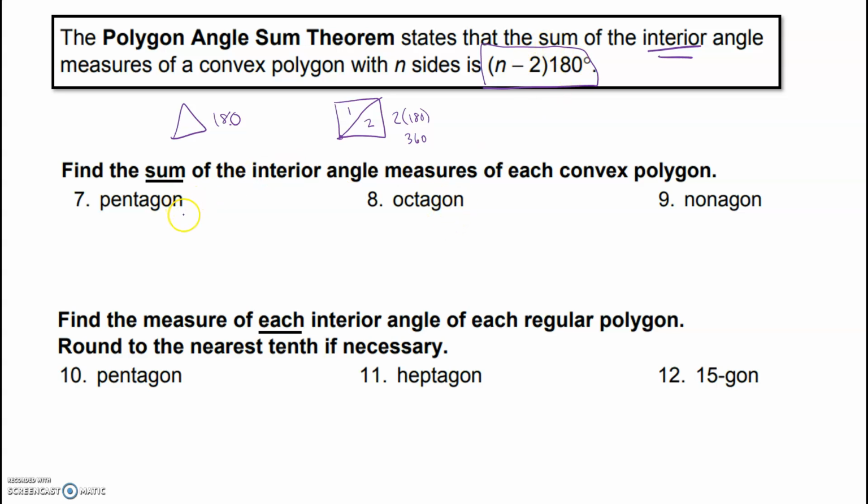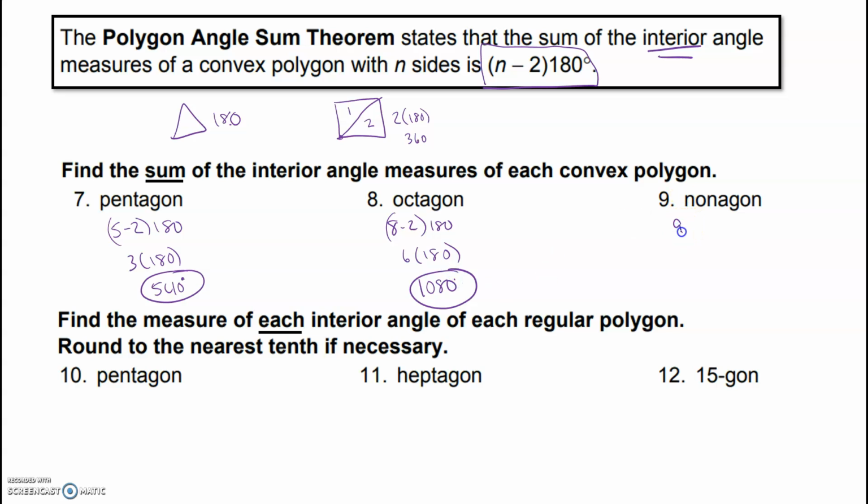So let's do pentagon real quick. So we're going to do the formula. So we're going to say 5 minus 2 times 180. So 3 times 180, and you get 540 degrees. So the interior angles of a pentagon add up to 540. Octagon, 8 minus 2 times 180, so you have 6 times 180, and you get 1080.